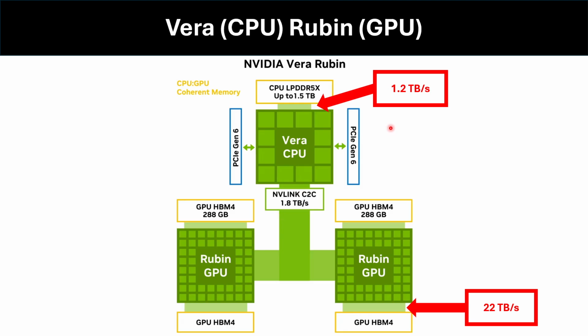Let's see how they are connected. They call it Superchip because we have one CPU and two GPU chips. This is the Vera CPU, and it was mentioned that it has 88 cores, and these are GPU units with capability to be attached up to 288 gigabytes of high bandwidth memory 4.